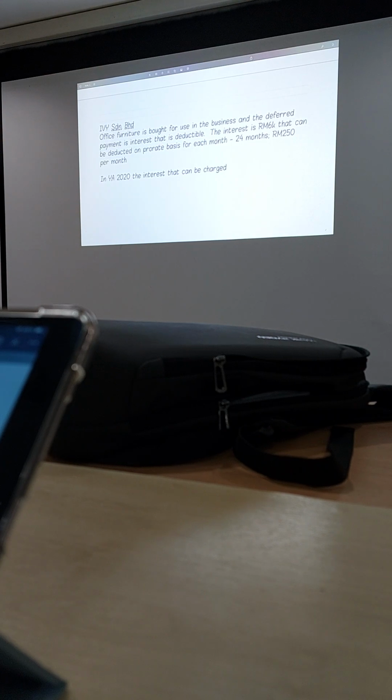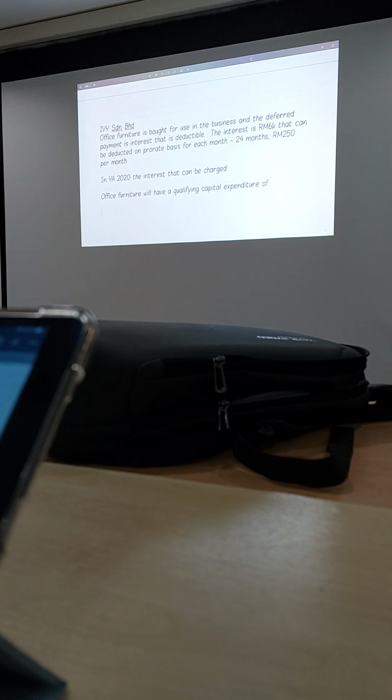Okay, now, how much interest can be charged in 2020? How much? Interest can be deducted.